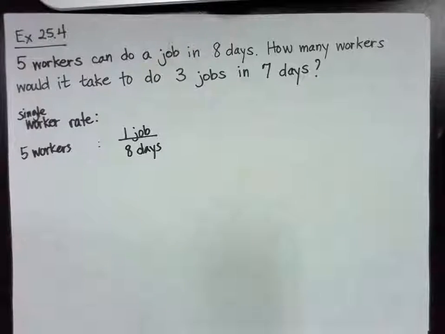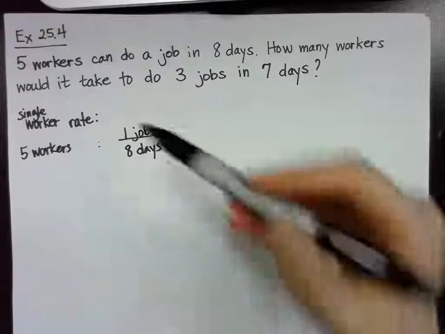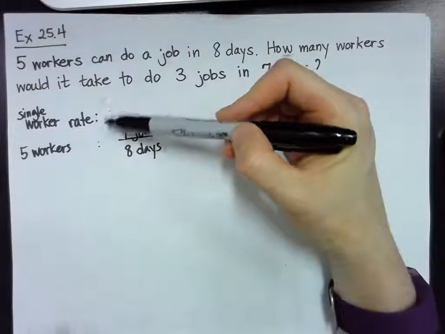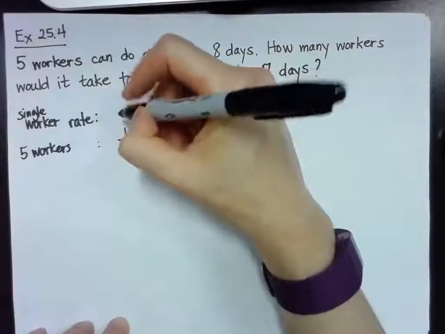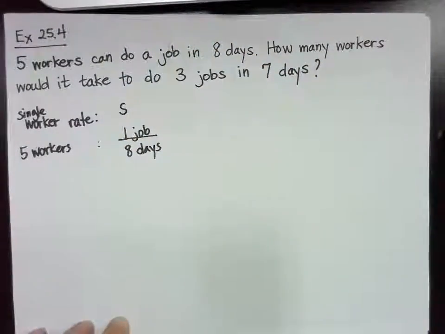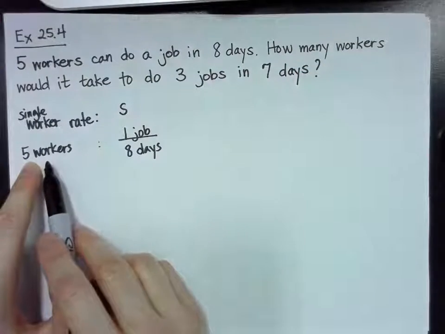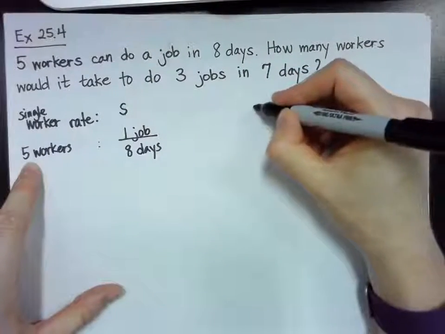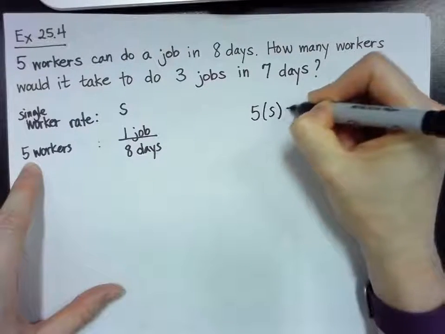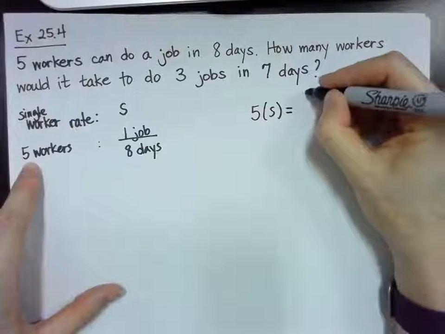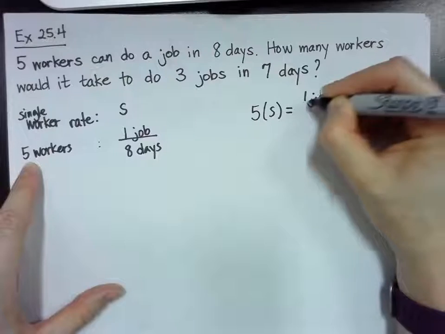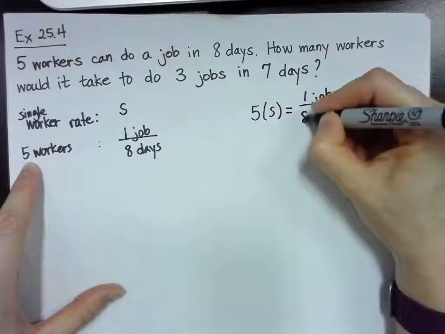And if you think about it, this is just like the previous problem. Now, if we had single workers working at a particular rate, let's say that rate was S jobs per day, then we're just putting 5 of them together down here. So 5 of those single workers would be equal to 1 job in 8 days.